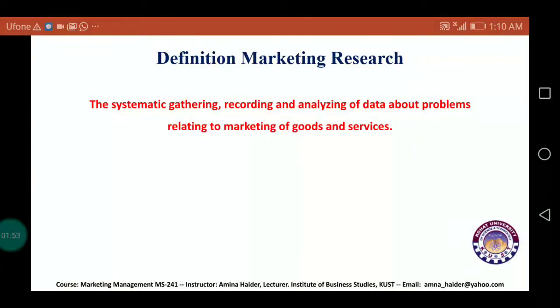So, marketing research is a very systematic and objective search to analyze information that is relevant in the identification and solution of any problem in the field of marketing. By objective, I mean that you need to have a purpose, means you conduct the research to find a solution to a problem.